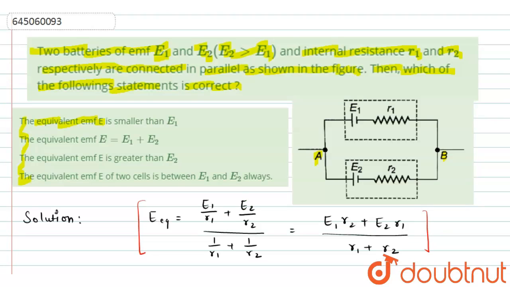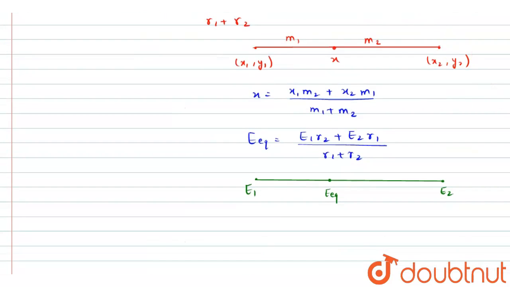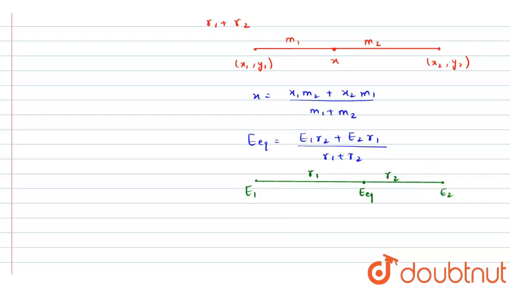One more thing: it is given that E2 is greater than E1, so it will be nearer to the E2 point. Let me draw it again. So this is the equivalent, and let's say this is R1 and this is R2. Comparing this with the E equivalent equation, the value of E equivalent can go up to point E1, or up to point E2, by changing the values of R1 and R2.